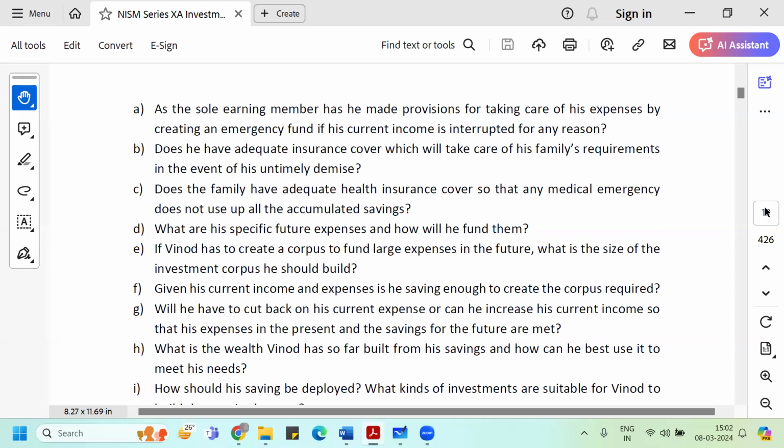Going further, once we are talking about ourselves, once we are seeing the situation of our current income and expenses, the question is how prepared we are for this scenario. Once we know that we need a huge corpus in the future to achieve our dreams, this is the moment we should start planning for investment.